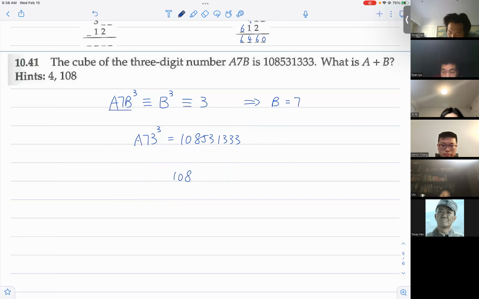How many digits is 108 followed by 6 digits? If we end up with 2 zeros here, then that means we have 6 zeros. So it's 108 followed by 6 zeros. We know 125 is a perfect cube, and 125 followed by 6 zeros is 500 cubed. And it's greater than 64 followed by 6 zeros, which is 400 cubed. So this number is between 400 and 500 cubed, so that means A is 4.